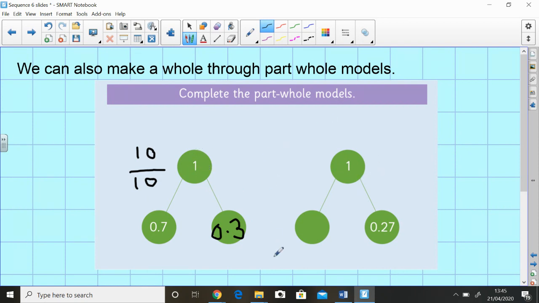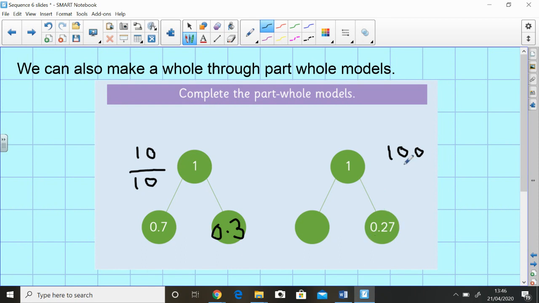On this one, we have got 1 whole, except this 1 whole doesn't represent 10 tenths. It represents 100 hundredths. And I know it represents 100 hundredths because if I look at this part of the part-whole model, the decimal is 0.27, and that is not a tenth. That is not 27 tenths.